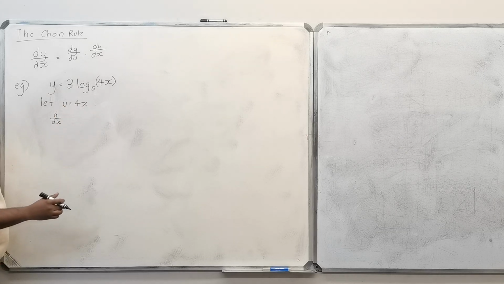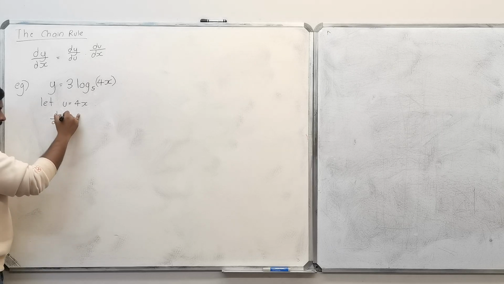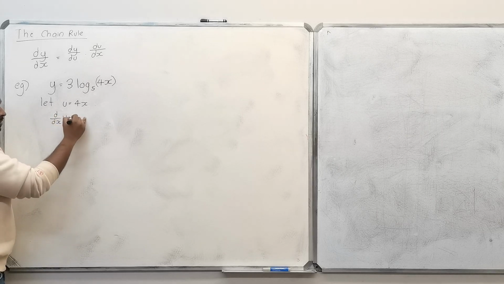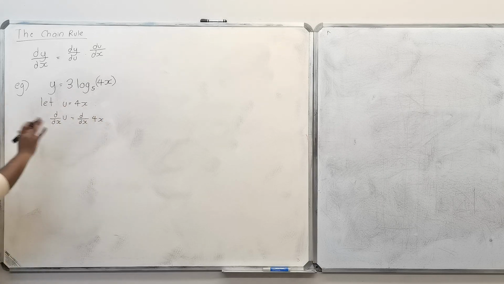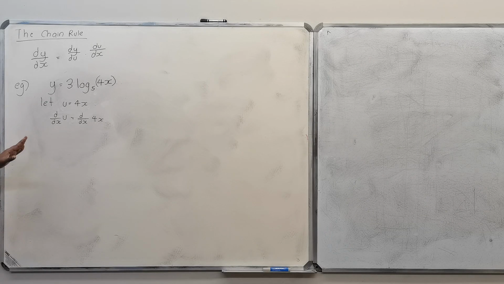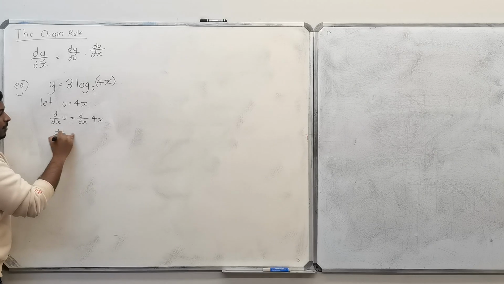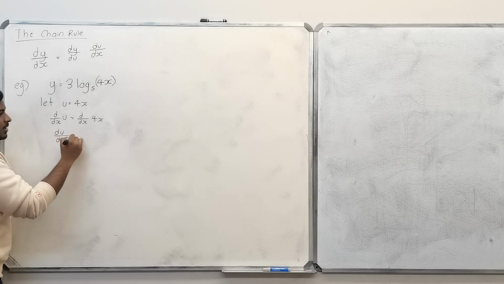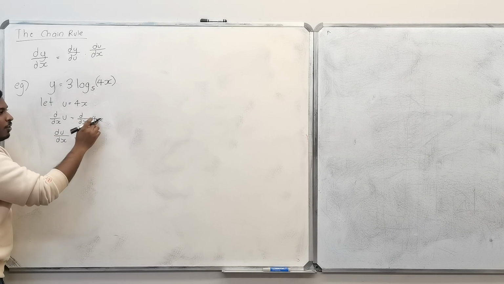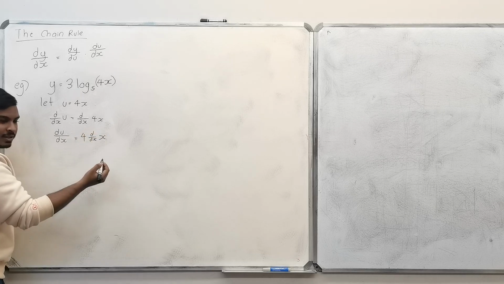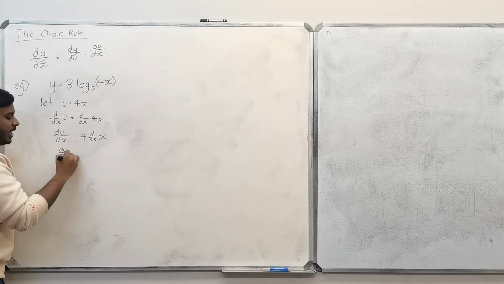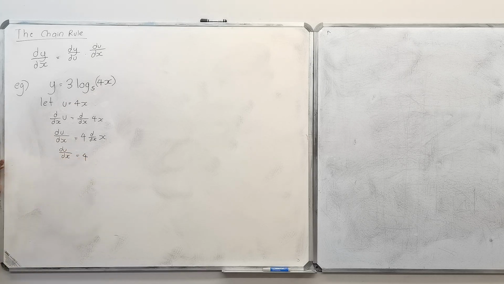It's going to be d over dx of u equals d over dx of 4x. That equation, I'm only deriving that. I'm deriving u is equal to 4x. So this will now become du over dx equal to the derivative of 4x. This is 4 d over dx of x. So du over dx is 4.